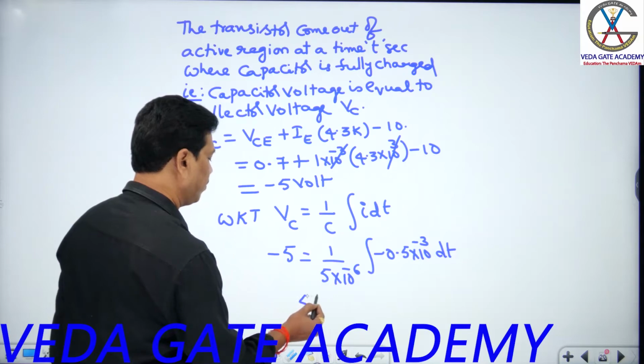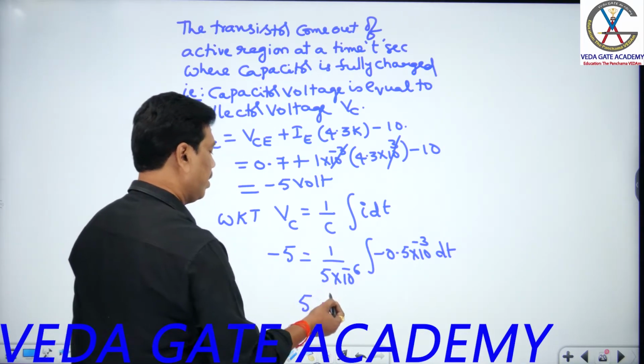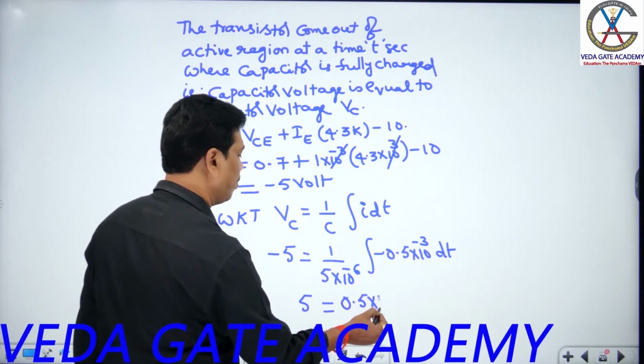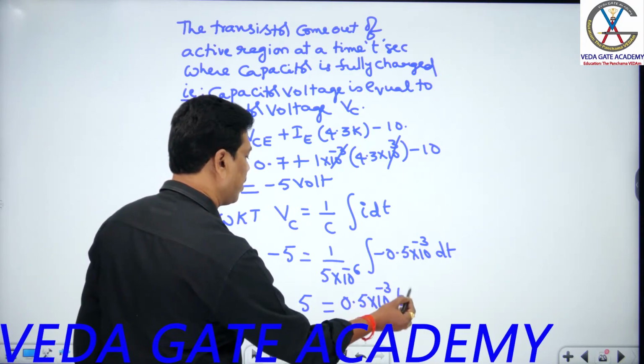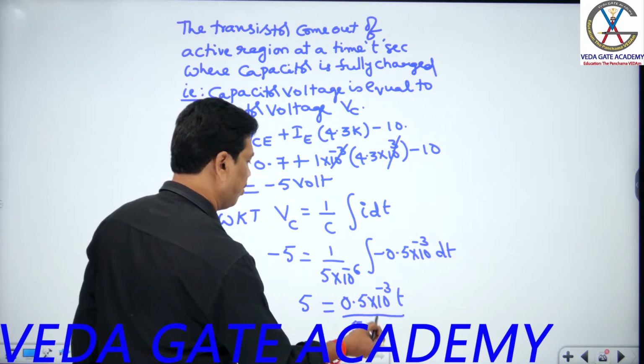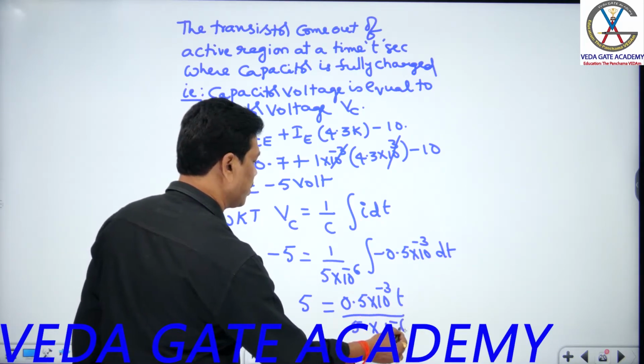Take 0.5 into 10 power minus 3 out of the integration, and the integral of dt becomes t, over 5 into 10 power minus 6.